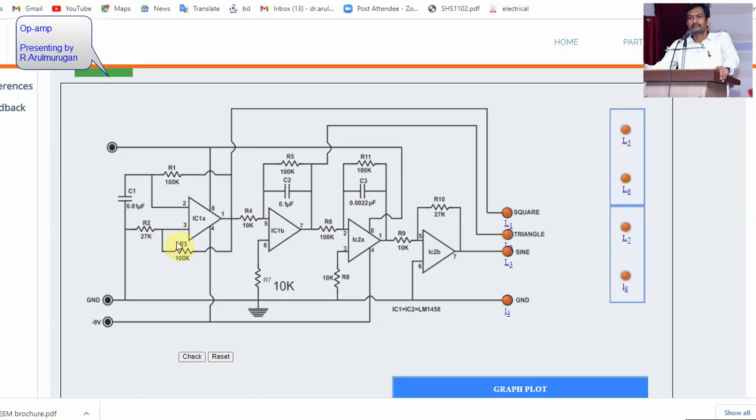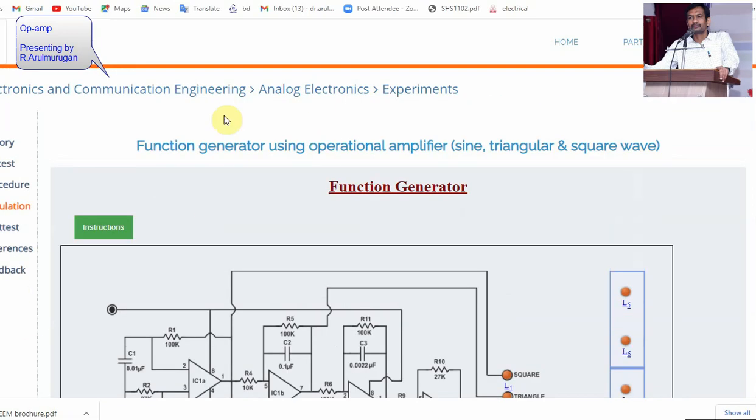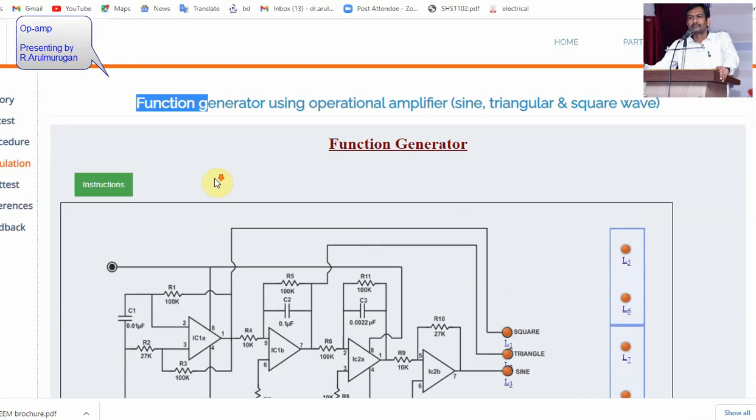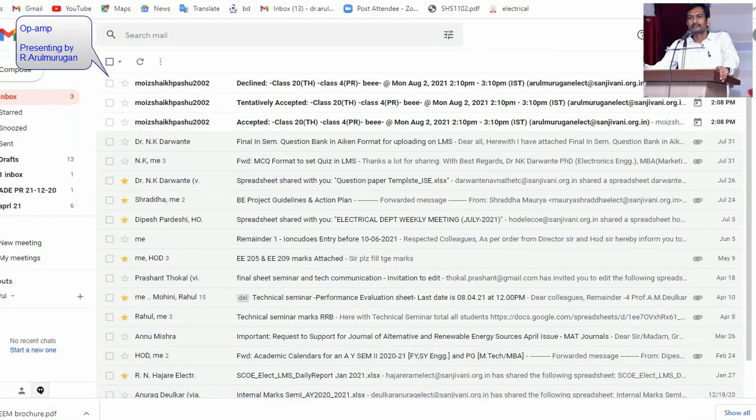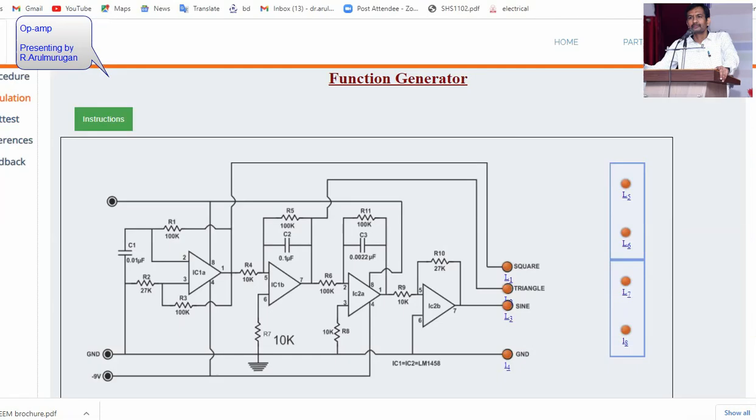So this is about the function generator. The function generator is available in every electronics laboratory. In every electronics laboratory there is a function generator.